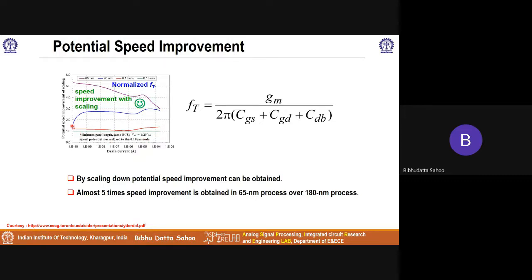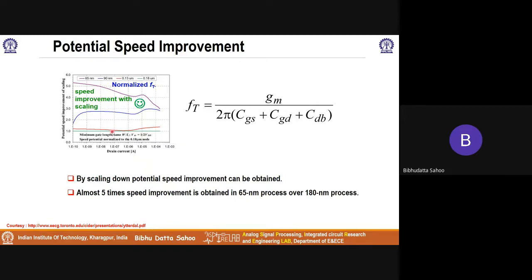The 90 nanometer is 3 times better. We should be operating in this region, so it should be 3 times better. Now 65 nanometer is significantly better, we get 5.5 times better.